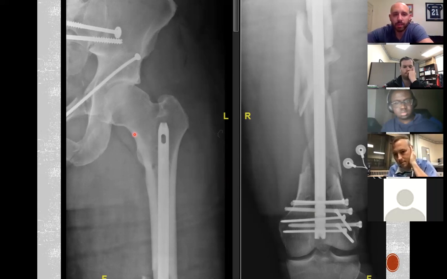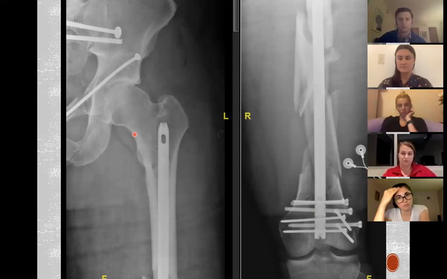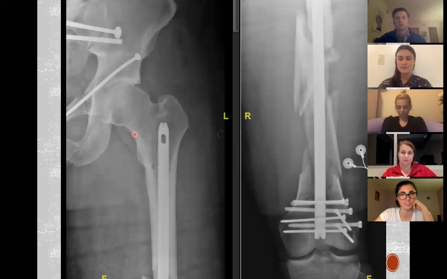Yeah. And then Mina asked before, do we commonly encounter any ligamentous knee injuries in conjunction with femur fractures? Mina, I'm going to propose this back to you. So in femur fractures, a lot of these are in motor vehicle crashes. When the patient gets in the MVC, where's their leg hitting into?